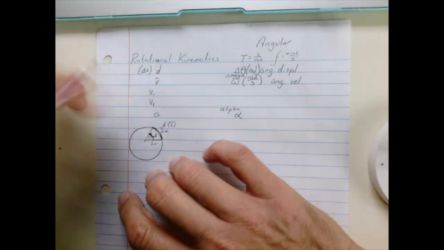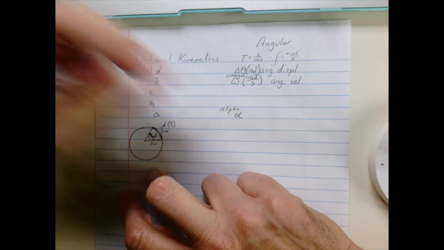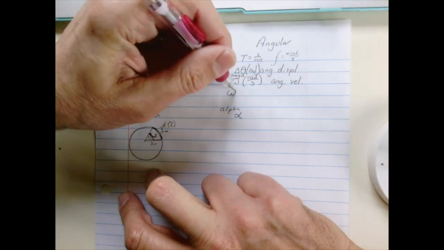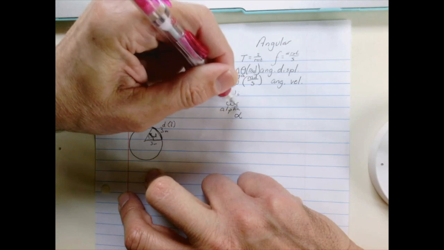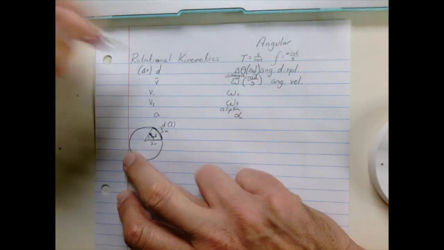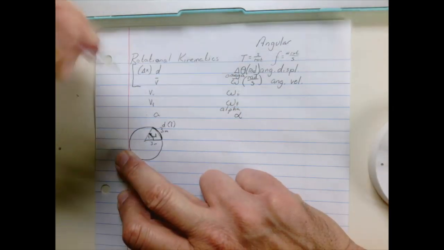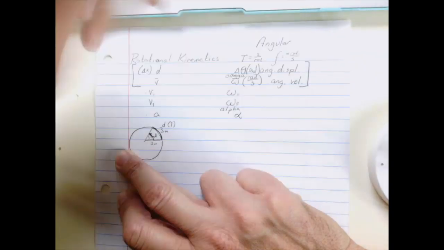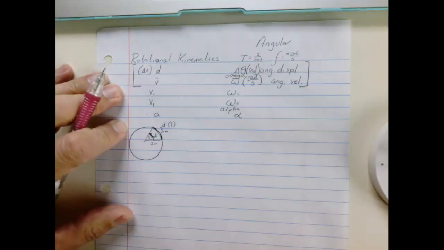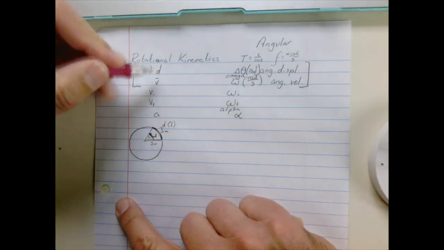And we can do the same sort of things that we did here. We could have an omega initial, an omega final. For today, I just want you to concentrate on this stuff. Pretend we're talking about constant velocity like we did in unit 2. So it's easier problems.